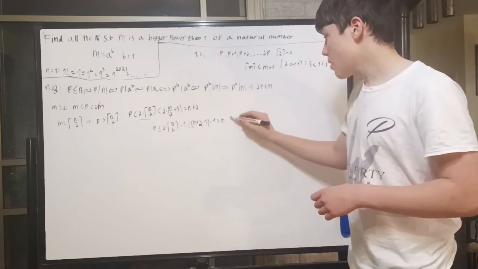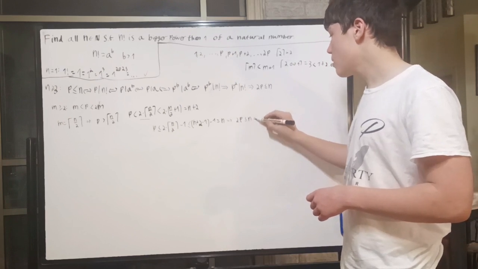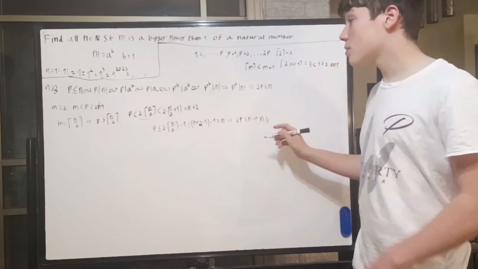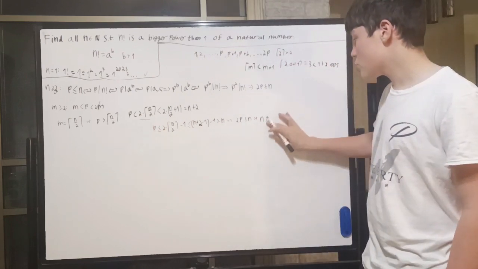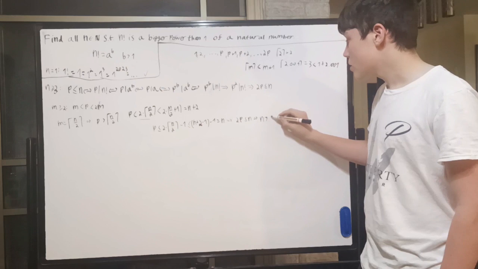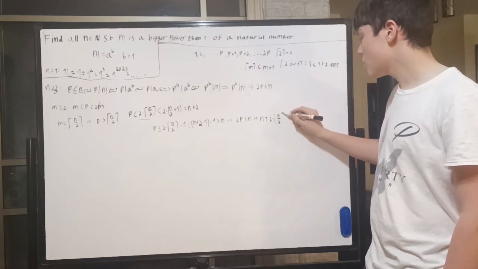Which means that we get 2p smaller than or equal to n. That means n is bigger than or equal to 2p, which is strictly bigger than 2 times the ceiling of n over 2.